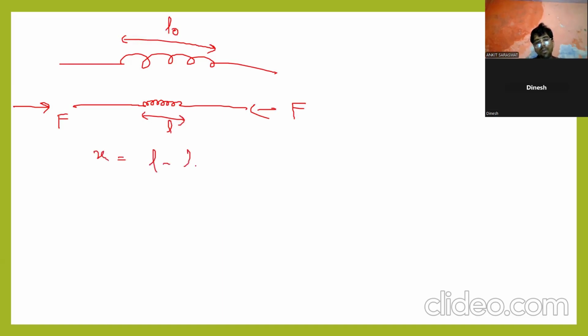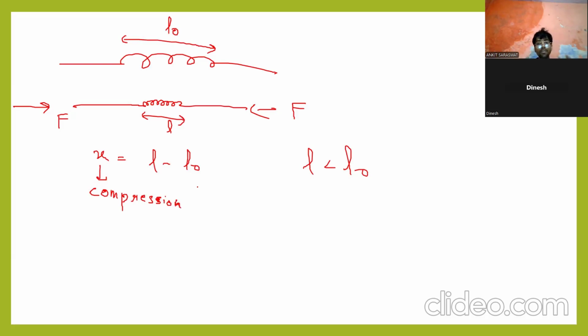L minus L naught. We will say this is compression, because the final length L is less than L naught. Understood? Compression means the final length is less than the initial, natural length. Compression.